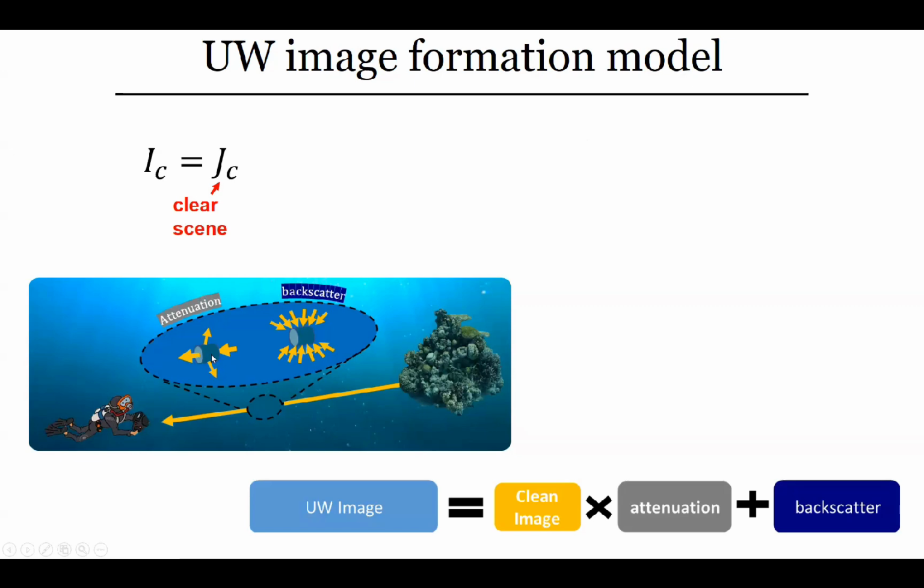The attenuation is, if you think of the light traveling along this way, the light hits tiny particles in the water, and the signal itself is attenuated. Okay, so this is the attenuation. And we have an additional additive factor, which we call backscatter. Backscatter is kind of complementary light rays that hit these same particles and get added to the signal that comes into the camera.